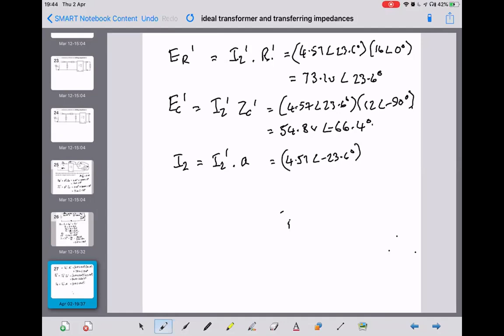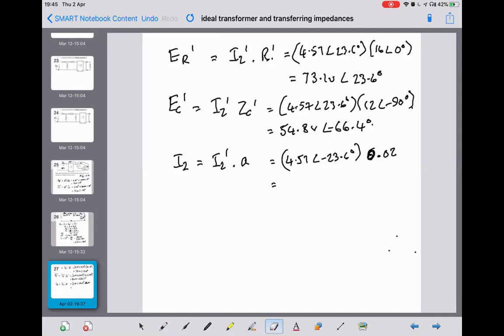I'm going to multiply that by A, which is 0.02. The angle wouldn't change at this point, because the ratio has no angle associated with it.